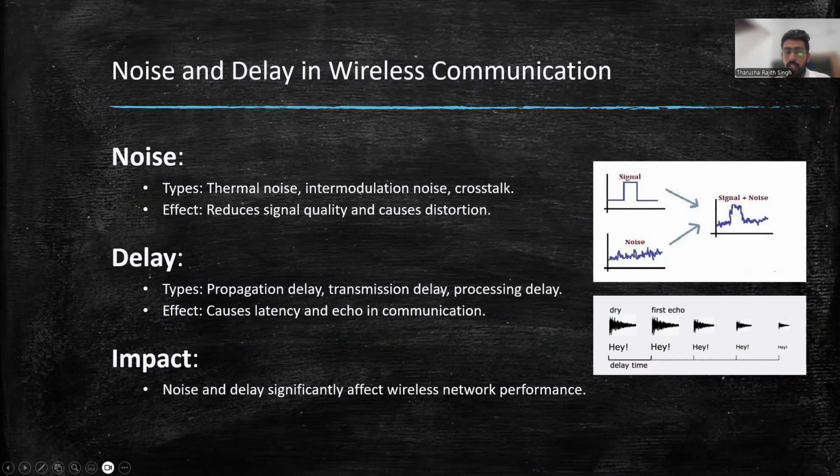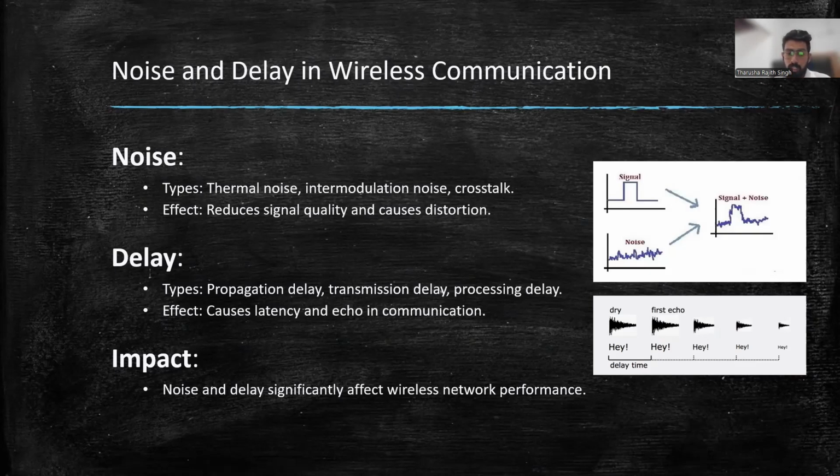Then let's move on to delay. Delay refers to the time it takes for a signal to travel from the sender to the receiver. There are several types of delays: propagation delay, transmission delay, and processing delay. Propagation delay is the time it takes for a signal to travel through a medium such as air or cable.